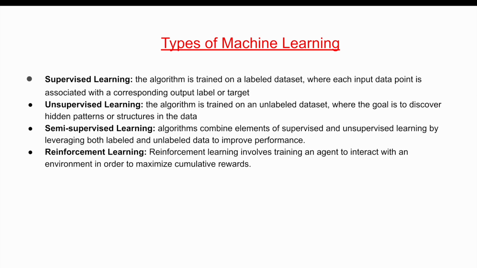An easy way to explain it, since sometimes it can be a little hard to know about the labels: supervised learning is like having a teacher who tells you the right answers, and you learn from examples where the teacher already knows the answers.